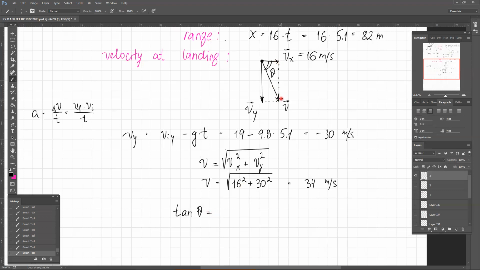Tangent is this side divided by this side, which is y component divided by x component, which is 30 over 16.